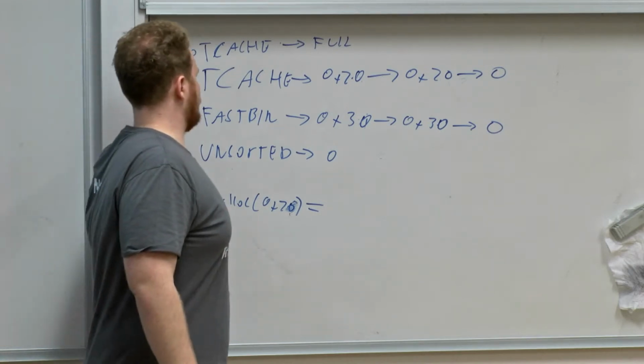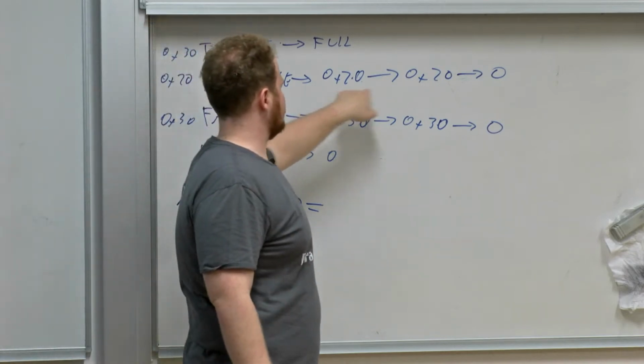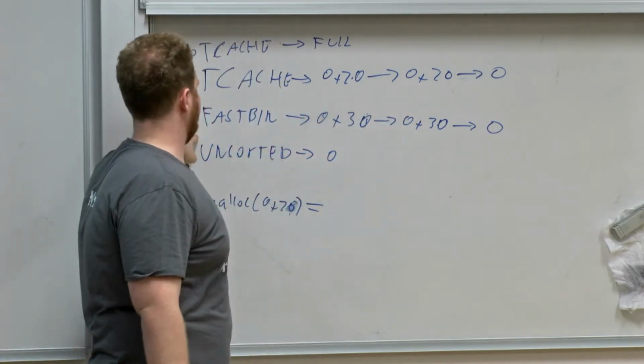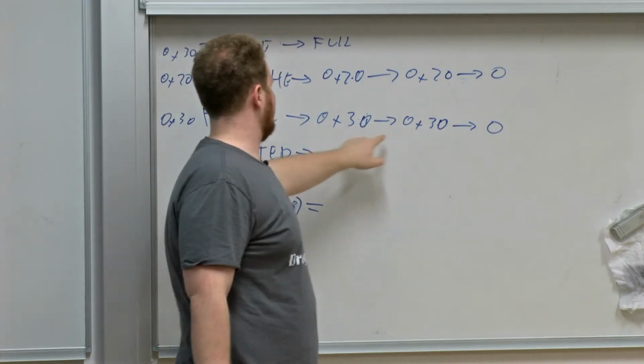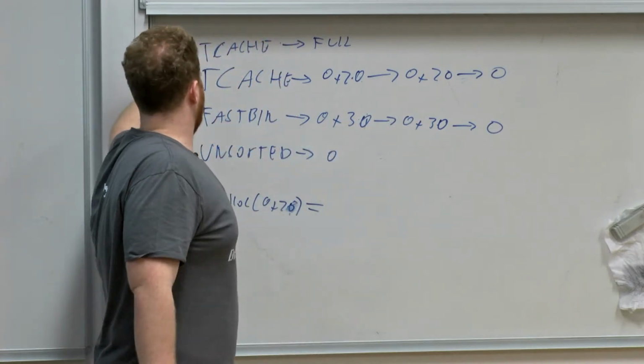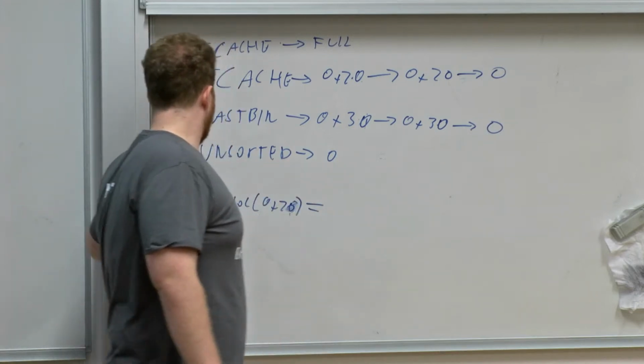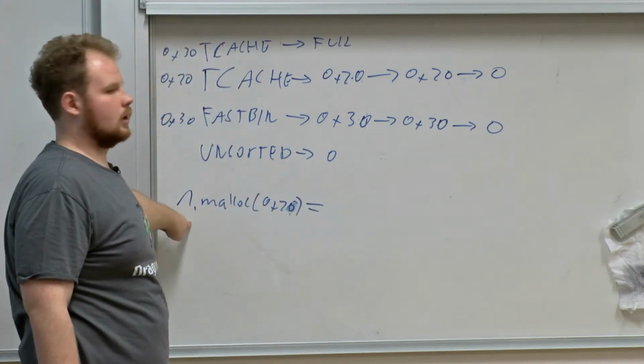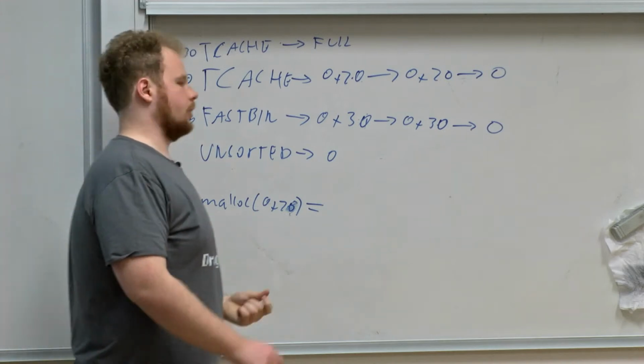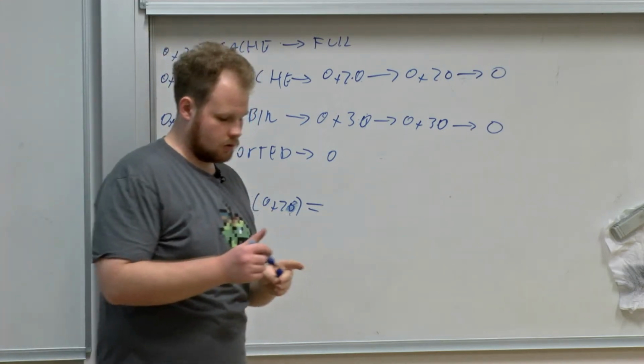So tcache has 2 pointers, both are size 21. Fastbin has 2 of them, both size 30, and the hex 30 tcache is full, and the unsorted bin is empty. Which pointer will malloc 20 return?